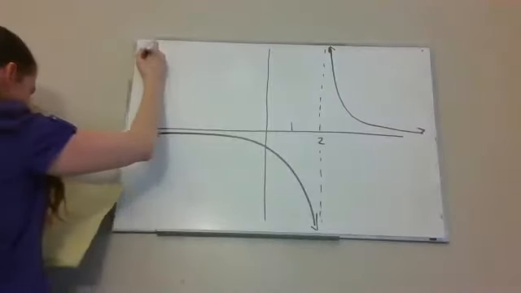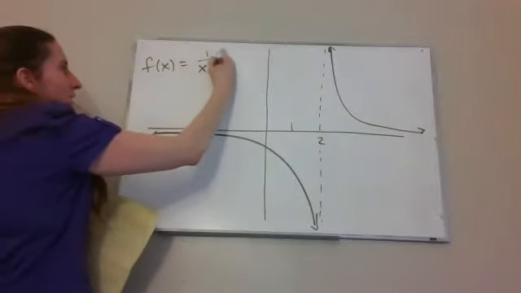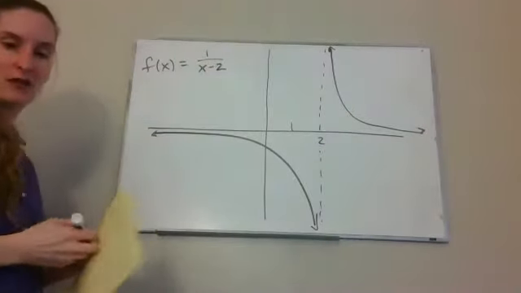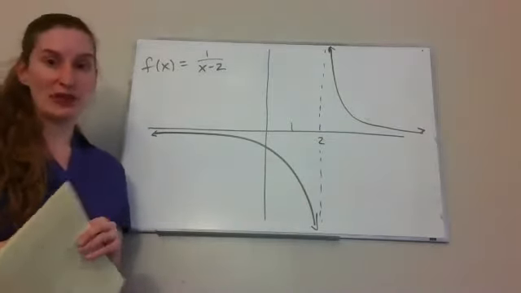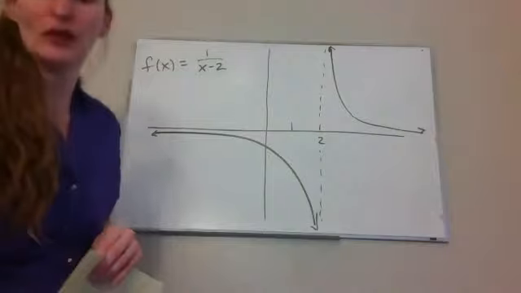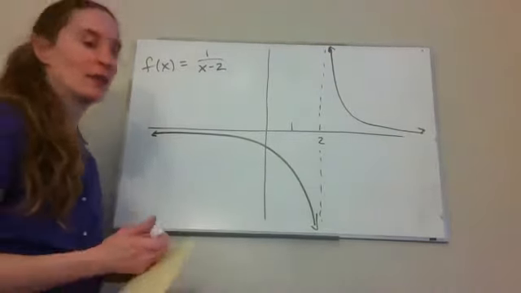This particular function happens to be f of x equals 1 over x minus 2. But that's not really important right now. The important thing is we can see it has a break in it. It has what's called a vertical asymptote, which we will define more rigorously in just a little bit.